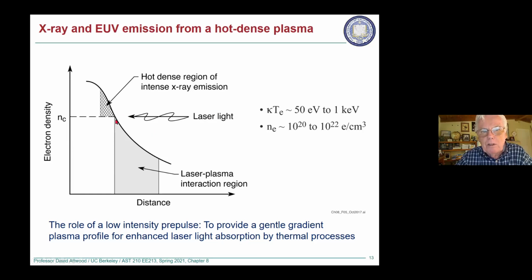That produces a little plasma that then expands into vacuum and fills this region, and it can greatly improve your absorption processes, okay? Because the very sharp profile is not so good for absorption. It all has to happen right at that thin surface, whereas this way you spread it out more. So that's what this comment is about here.